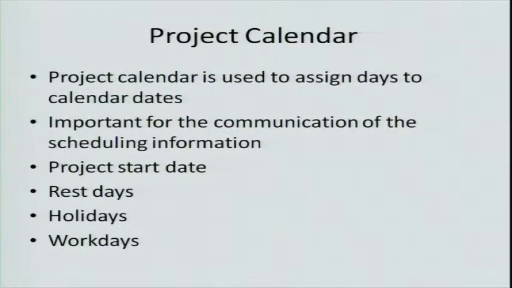We need to know how to set this up, and a lot of that's going to be based on what the contract says. Is the contract 365 calendar days, or is it 365 work days? Because there's a big difference between those two, right?